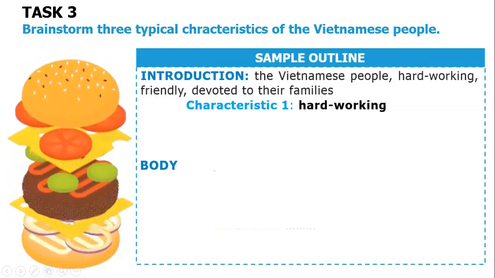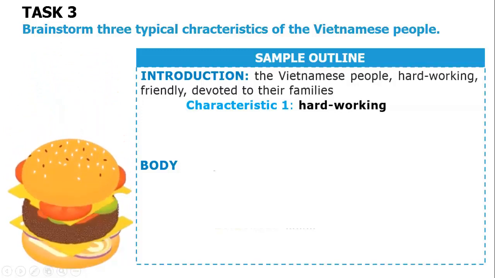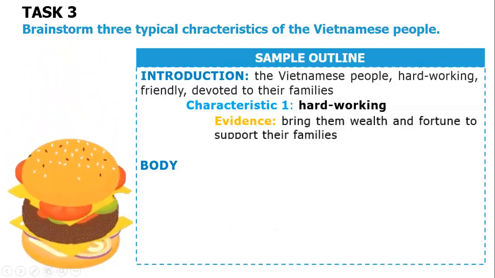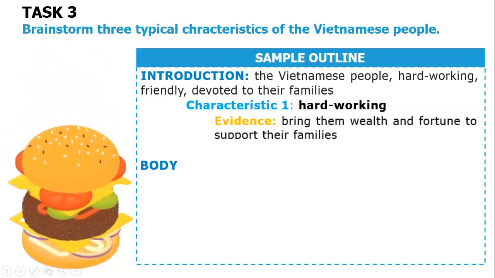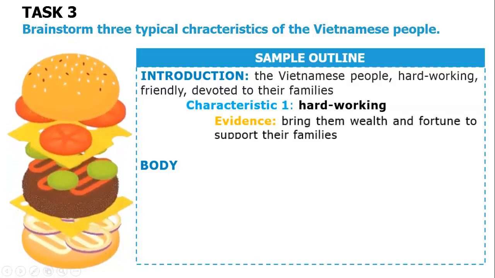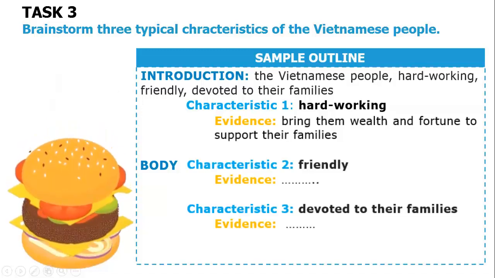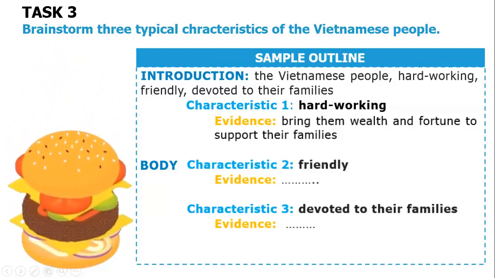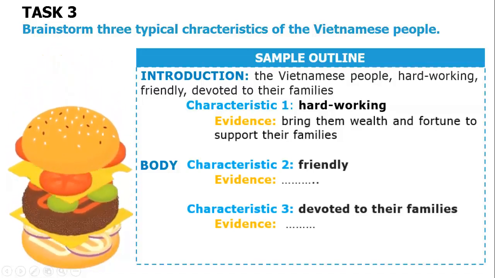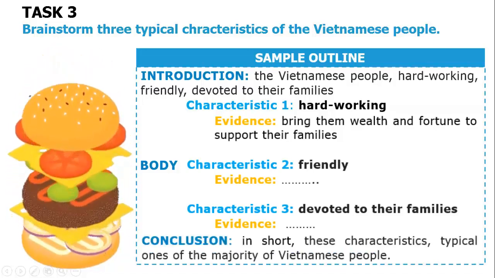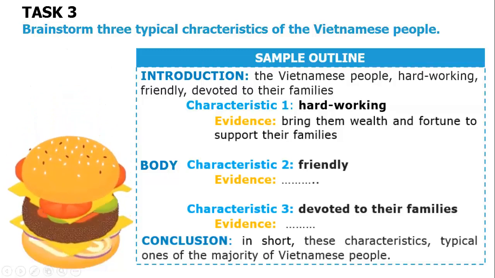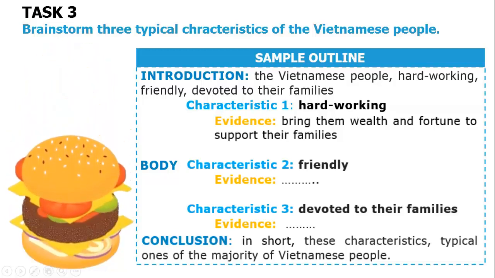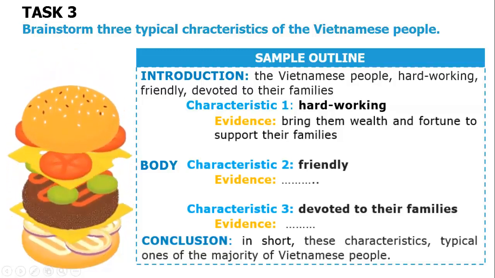To support this idea, we act bringing them wealth and fortune to support their families. Similarly, you will provide evidence for characteristics 2 and 3. The conclusion will summarize my paragraph with some keywords like, in short, these characteristics, typical ones of the majority of Vietnamese people.